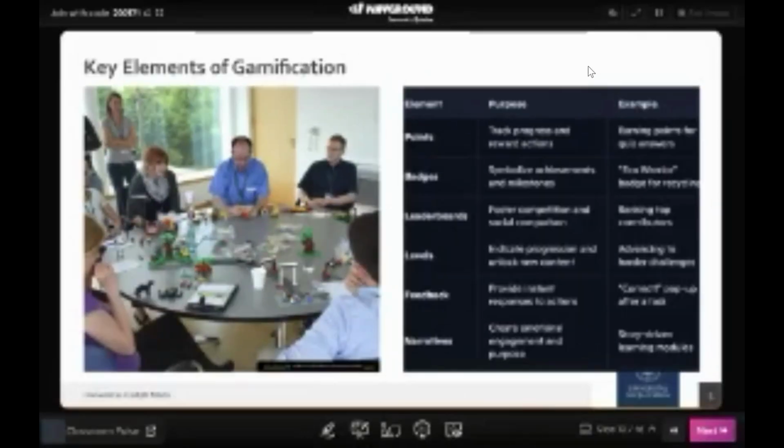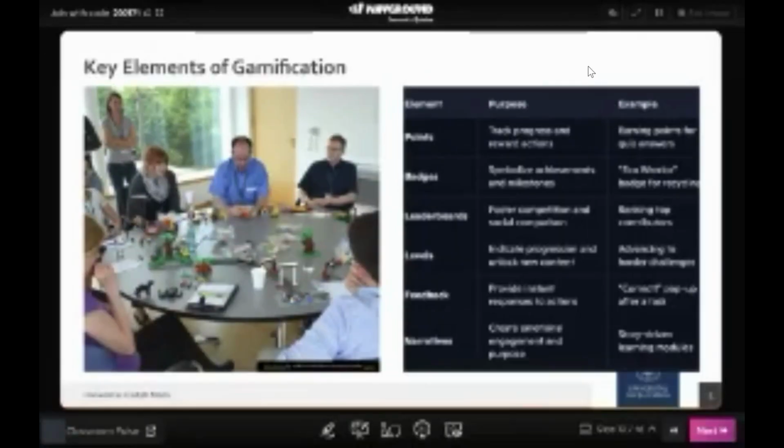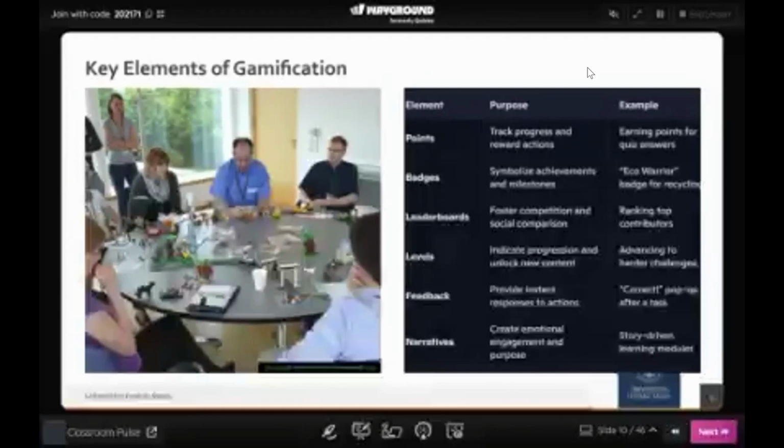And the fourth element is levels. Just like a video game that has level 1, level 2, level 3, gamification also has levels. For example, in Coursera or Udemy, you have levels of courses that you will take: basic, intermediate, advanced, or something like that. Levels can also become gamification.